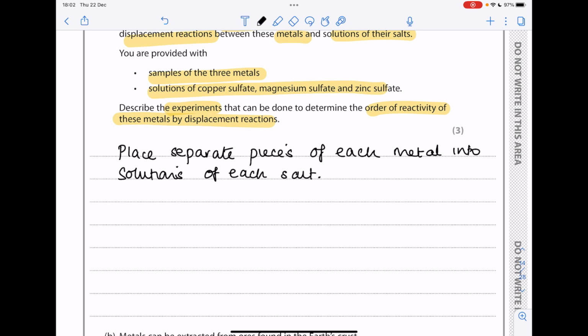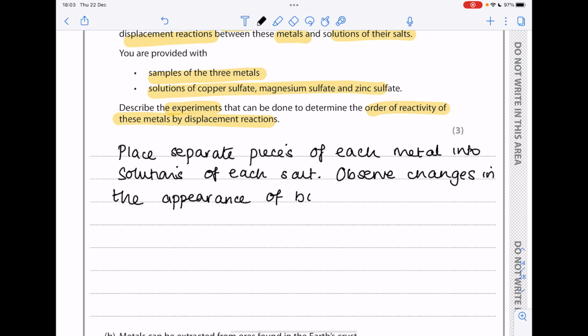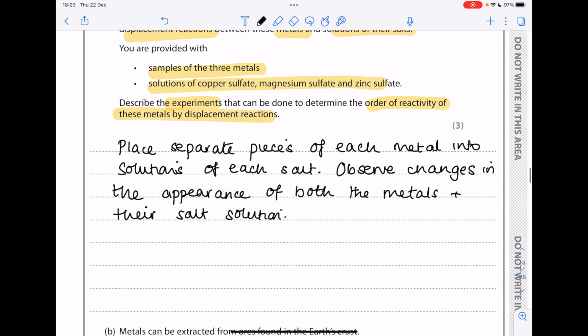Then you want to observe changes in appearance of both the metal and solution. And you'll find that the more reactive the metal, the greater the number of reactions that will take place.